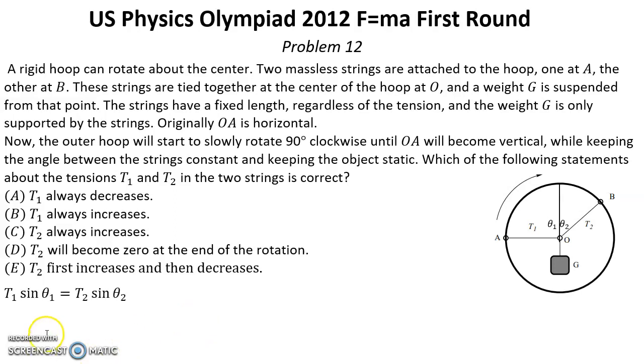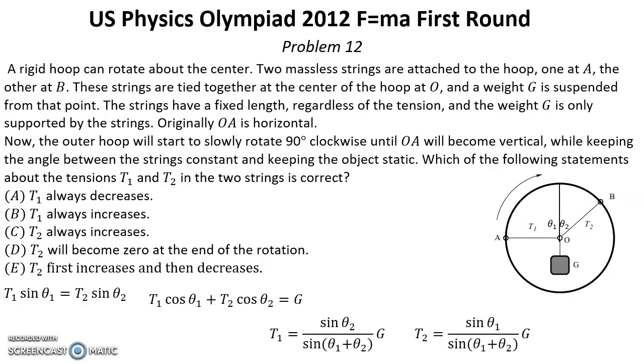In the horizontal direction we have this equation: T1 sine theta1 equals T2 sine theta2, and in the vertical direction we have this equation: T1 cosine theta1 plus T2 cosine theta2 equals G. The solutions for these two equations are this one for T1 and this one for T2.